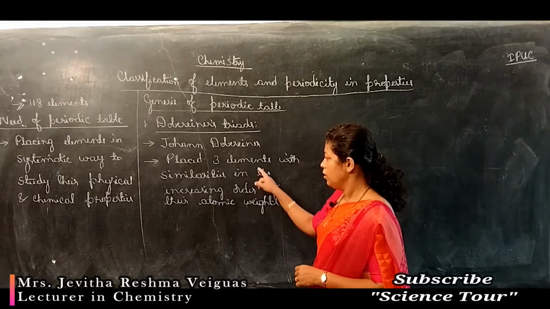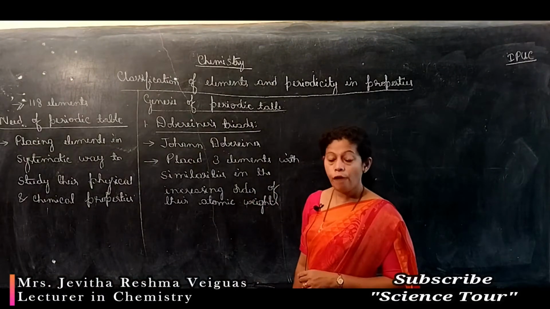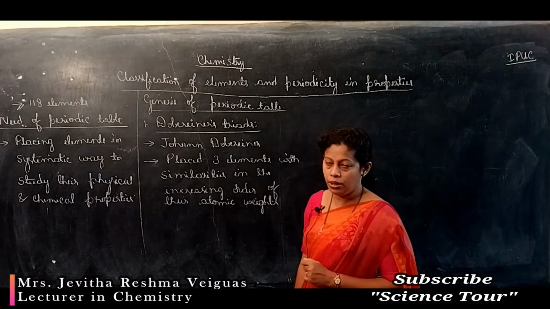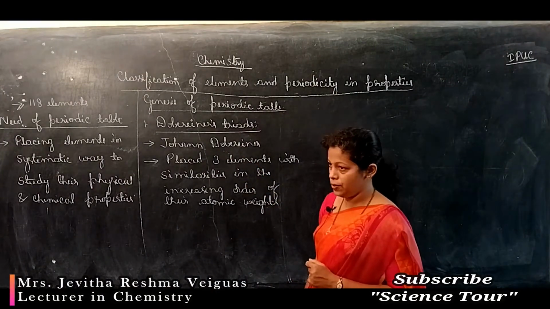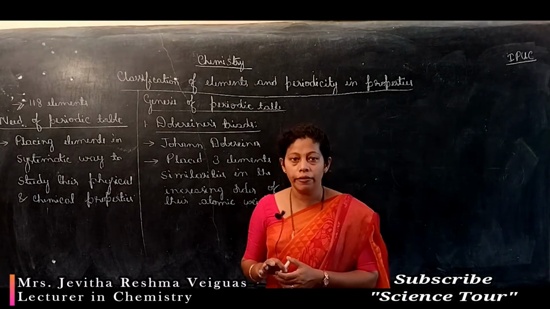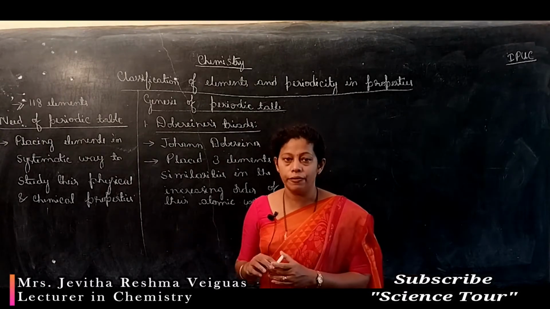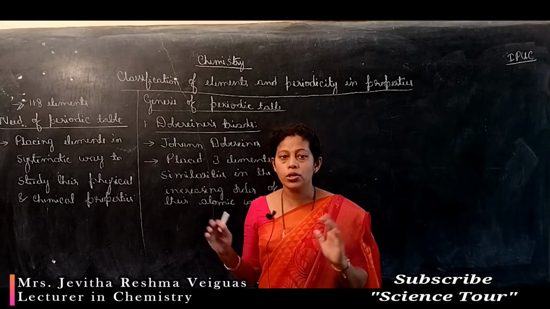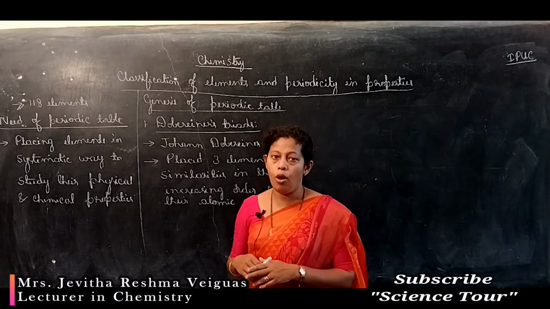Now, the speciality of Dobereiner's periodic table or Dobereiner's triad is that the middle element had an atomic weight which is the average of the 2 elements on either side of it.